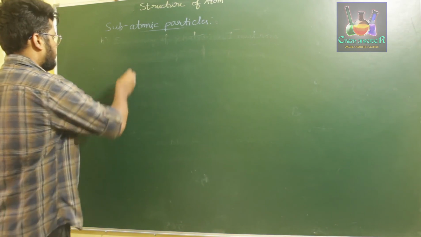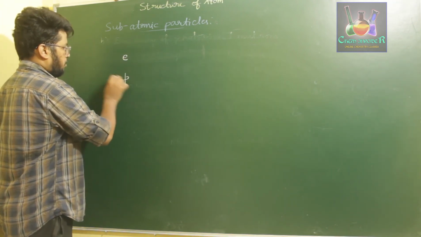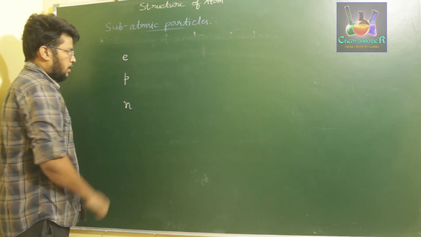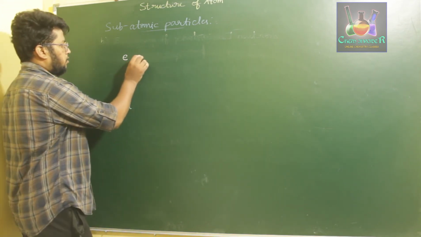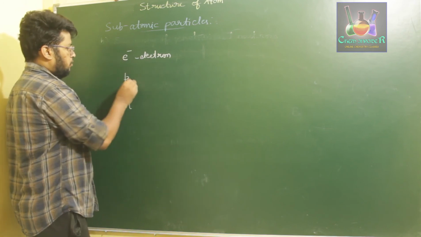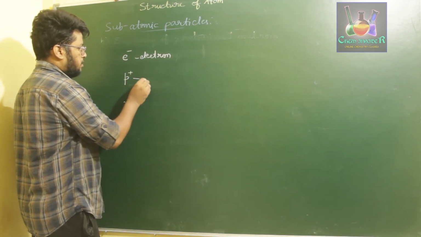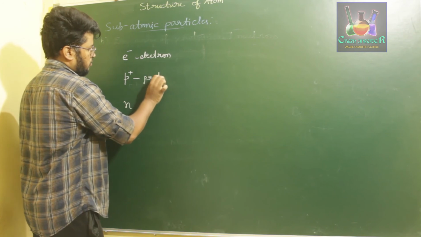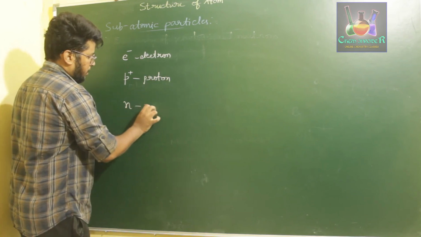The first one discovered was the electron. Next we came across the proton P and the neutron N. The electron is denoted by the symbol e minus, the proton by the symbol p plus or H plus, and the neutron by n.